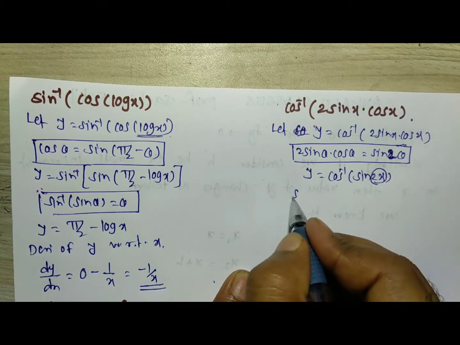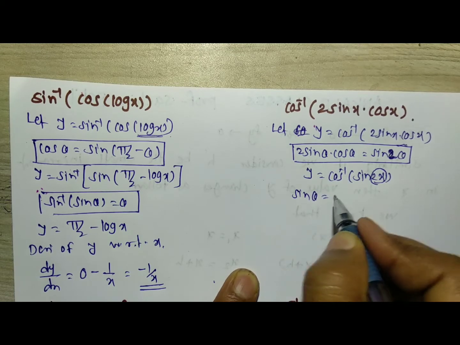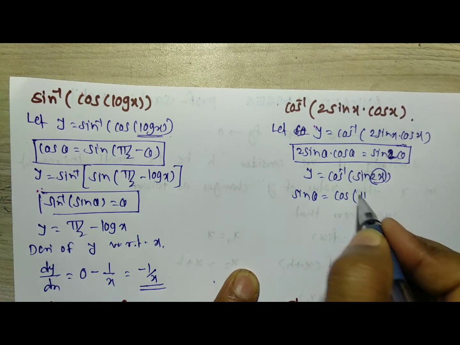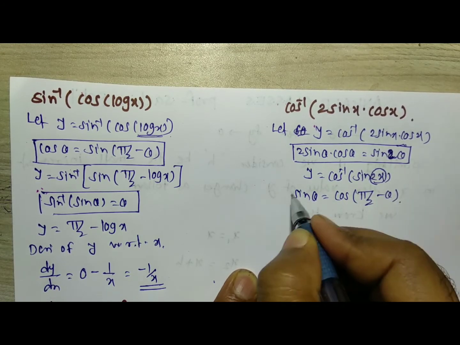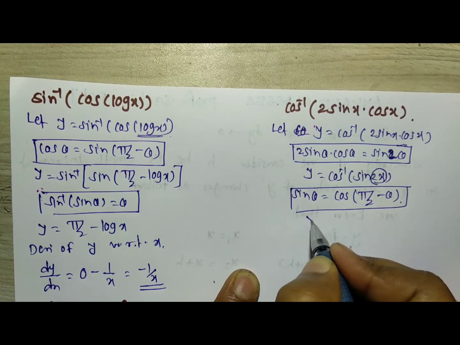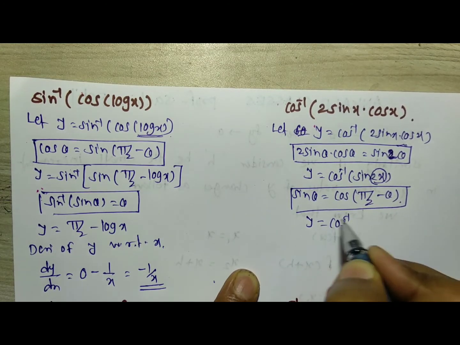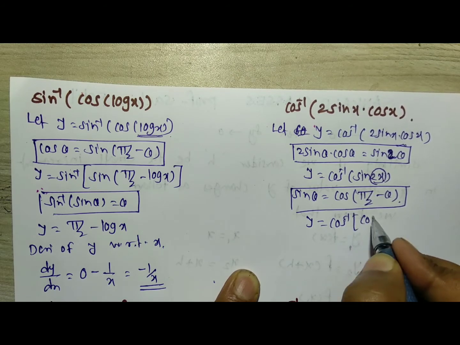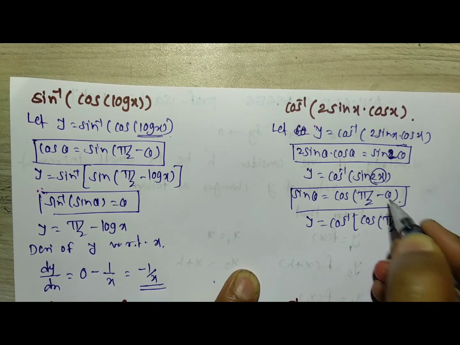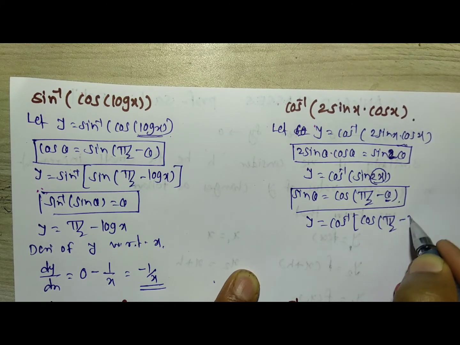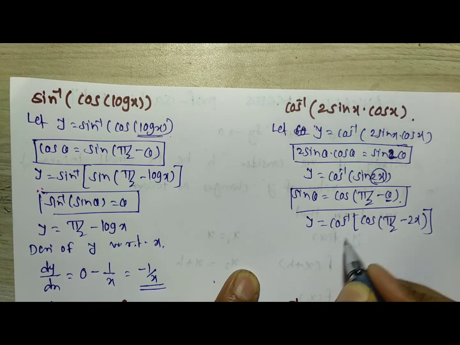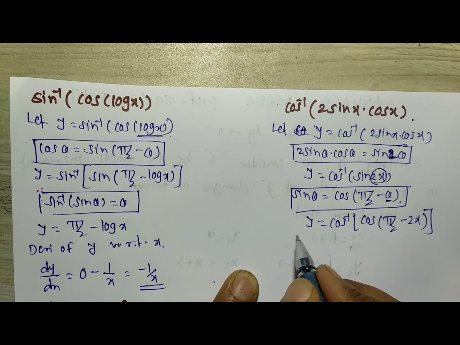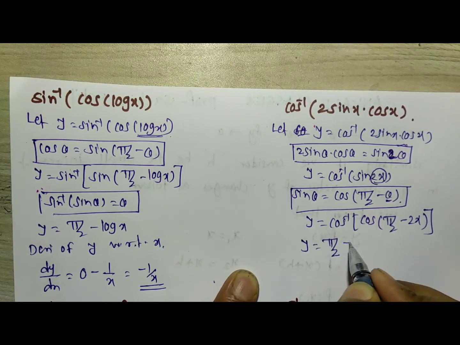Now we know that sin theta is also written as cos of pi by 2 minus theta. By using this formula, y is equal to cos inverse, inside the bracket cos of pi by 2 minus 2x.